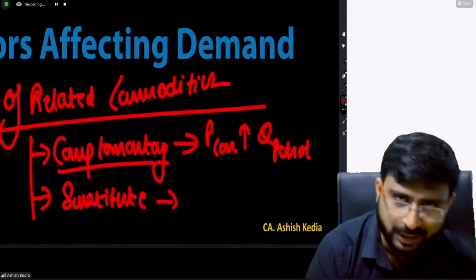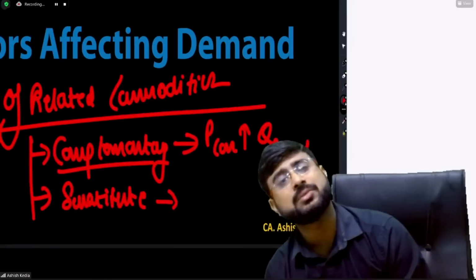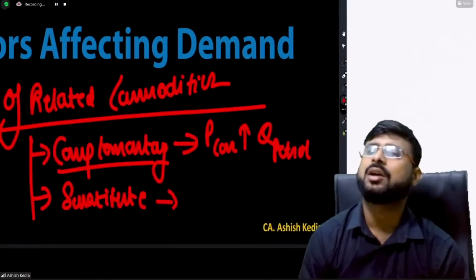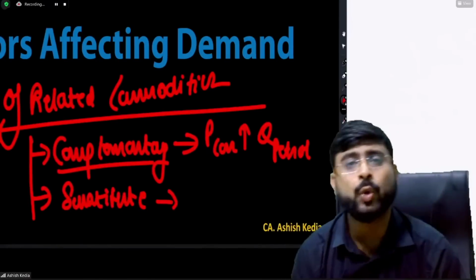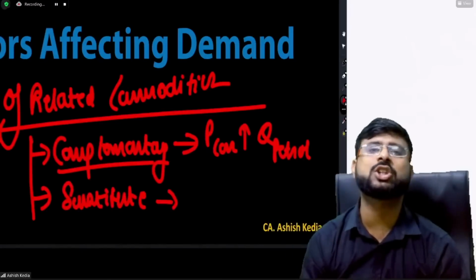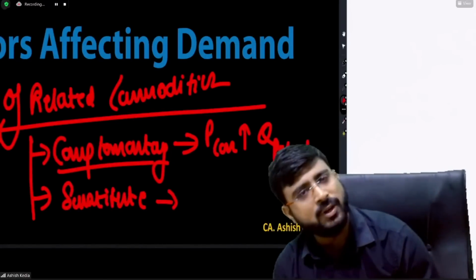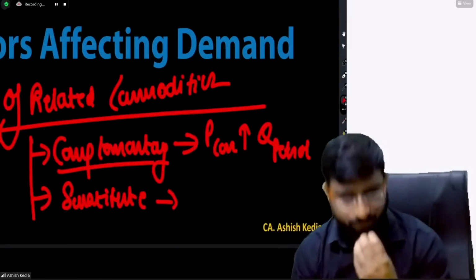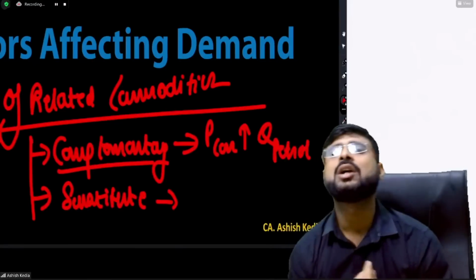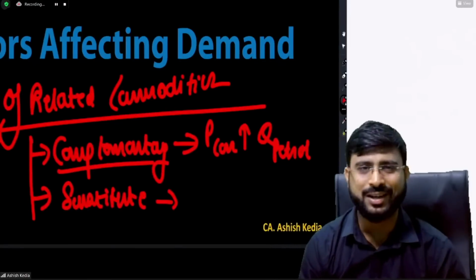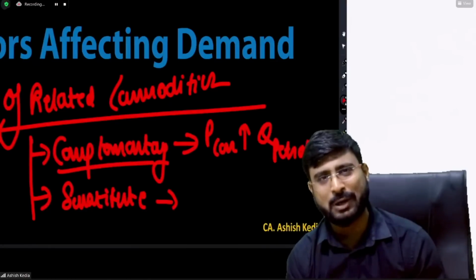When price of car rises, that is, car becomes more and more expensive, obviously people will reduce the consumption of car. Obviously, if consumption of car is reduced, consumption of petrol will be reduced. Otherwise, why will people buy petrol?